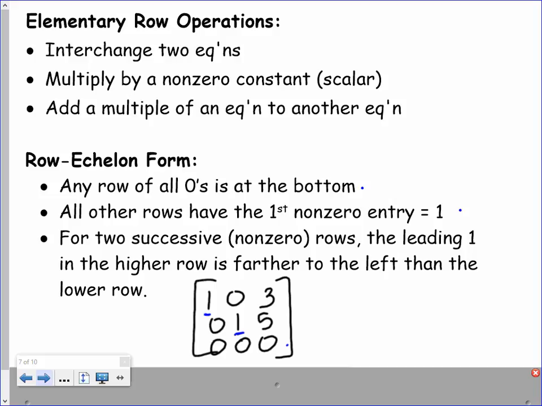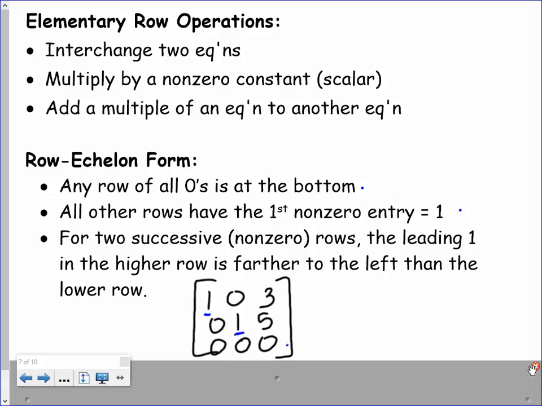You're getting further over until there aren't any ones at all, and it's all zeros. Does that make sense? I can have those other numbers behind it, that's totally fine. I just need those very first non-zero numbers to be 1. And then they'll go in descending order.